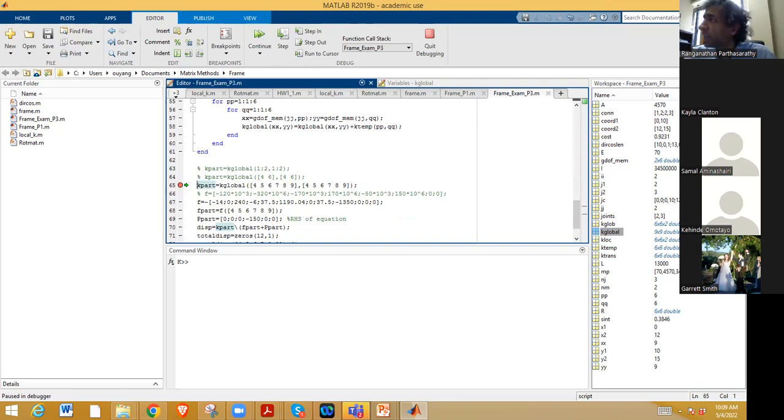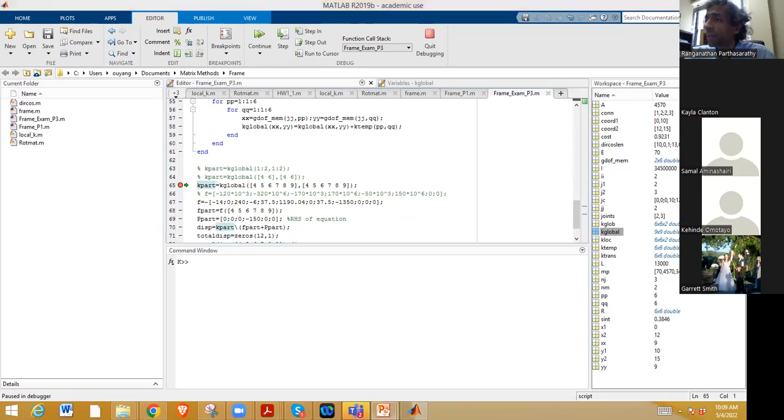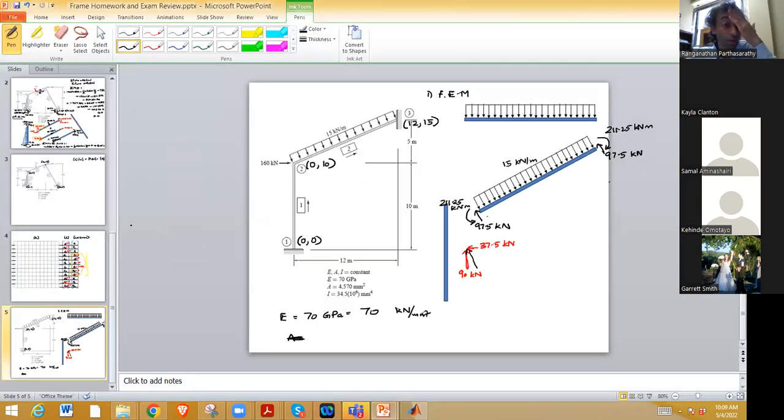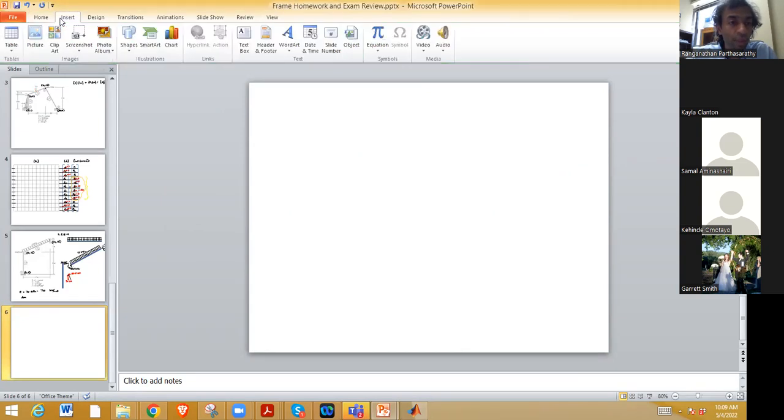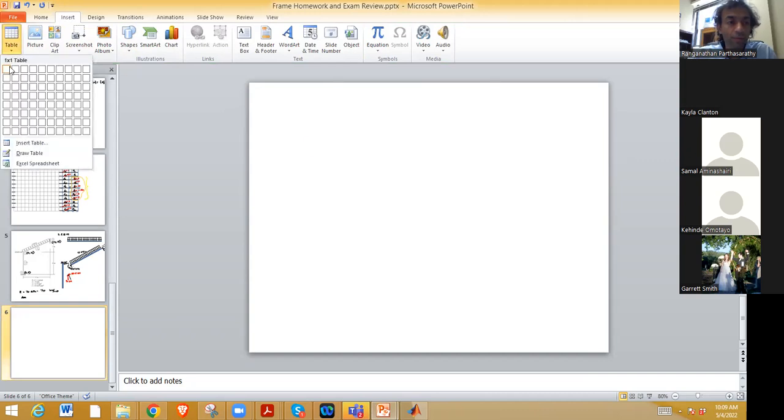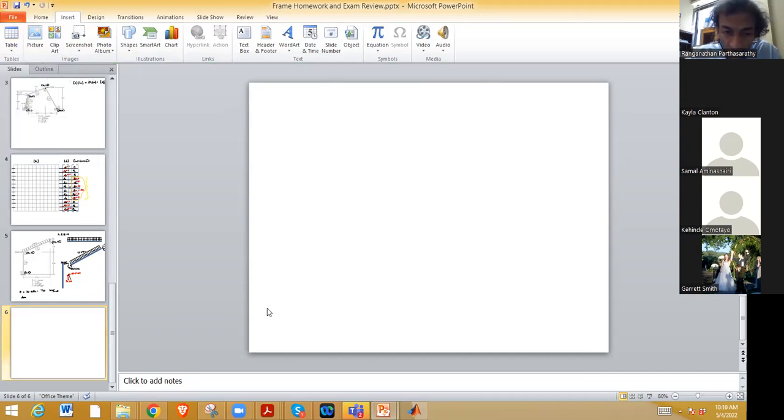So now we go and we make the matrix. Now our stiffness matrix is going to be 9 by 9, right? Just a second.